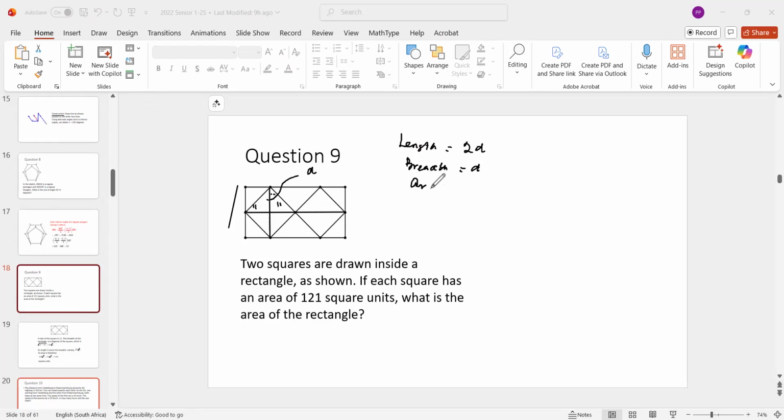And therefore the area is 2D squared. But D squared is 11 squared plus 11 squared, because it's a right angle triangle. In a square, I'm using various properties of a square: the diagonals of a square are equal, and they cut each other at right angles.